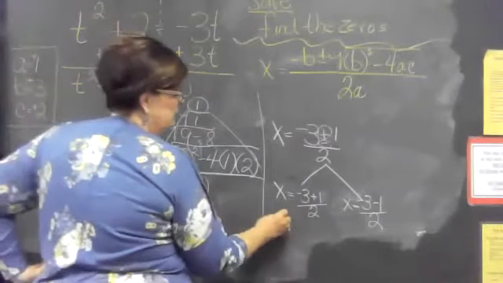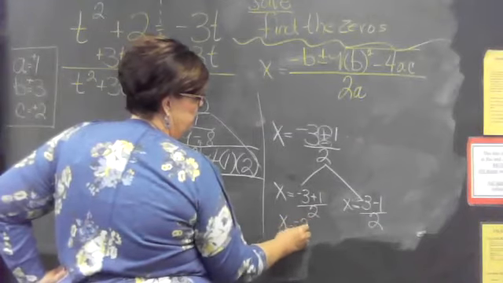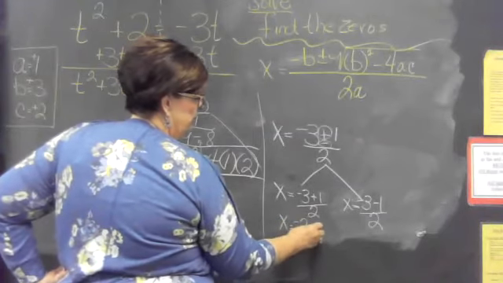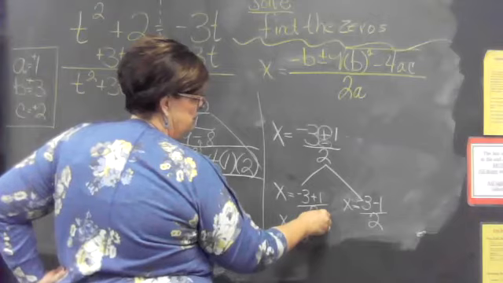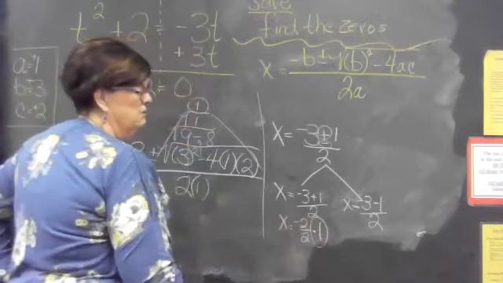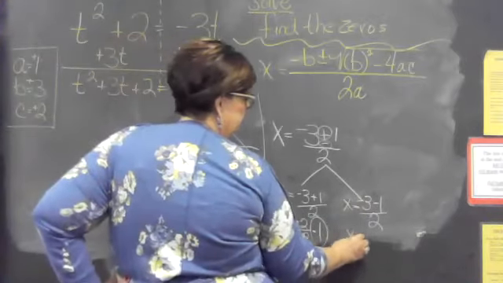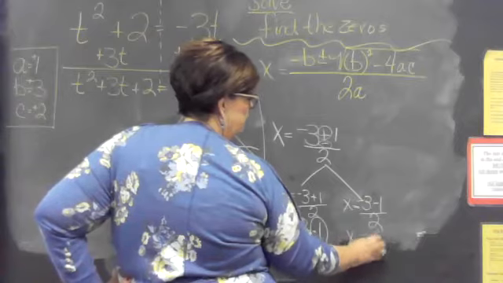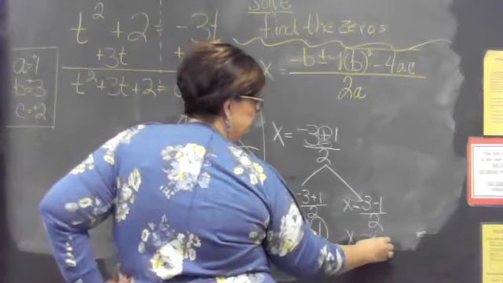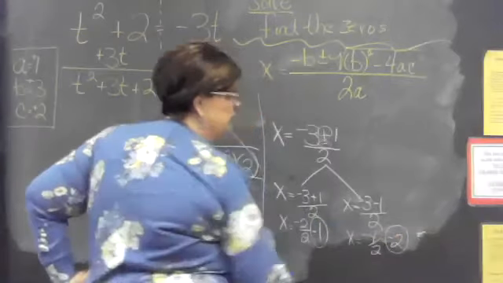So x equals negative 2 over 2, which equals 1. So one of the zeros is 1. Let's do this one. X equals negative 4 over 2, which equals a negative 2.